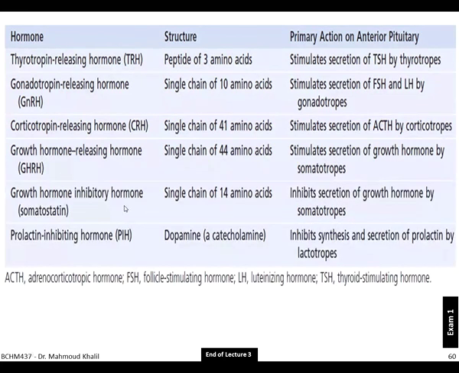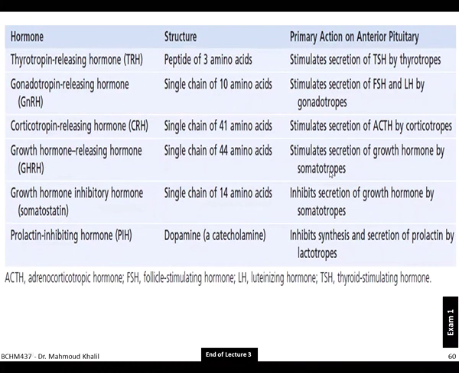You have the GIH, growth hormone inhibitory hormone, also called somatostatin, a single chain of 14 amino acids, and this of course inhibits the secretion of growth hormone by the somatotrophs. The PIH, another name for which is dopamine, is a catecholamine. It inhibits the synthesis and the secretion of prolactin by lactotropes.